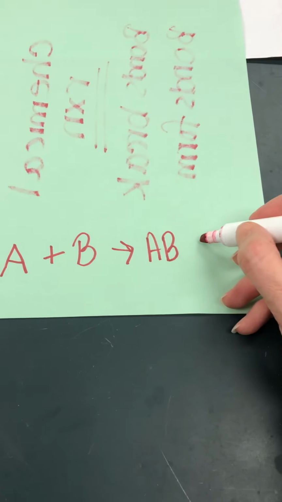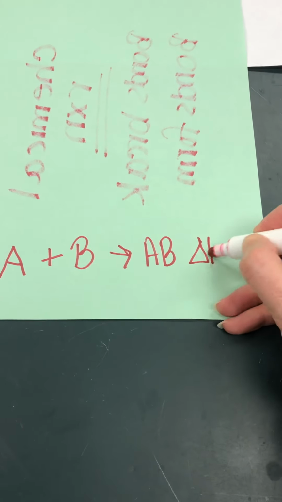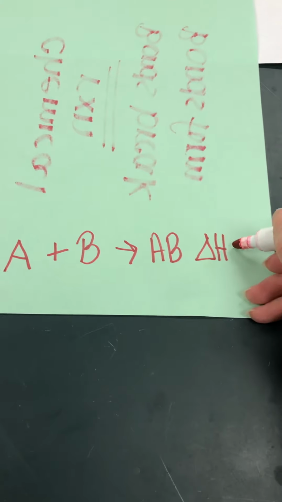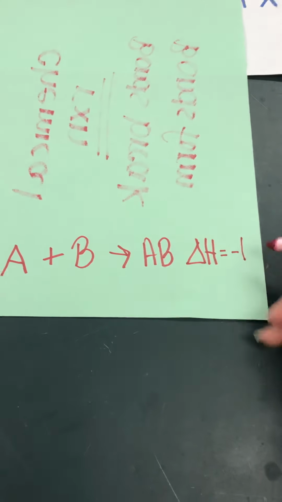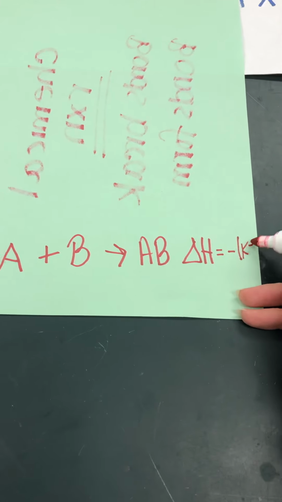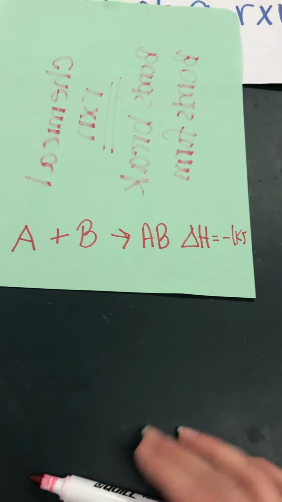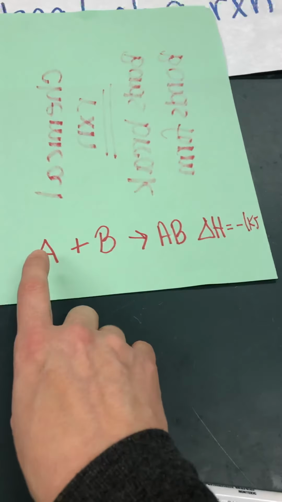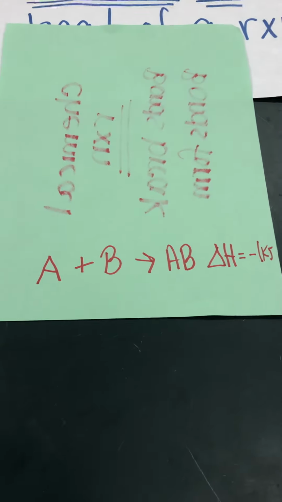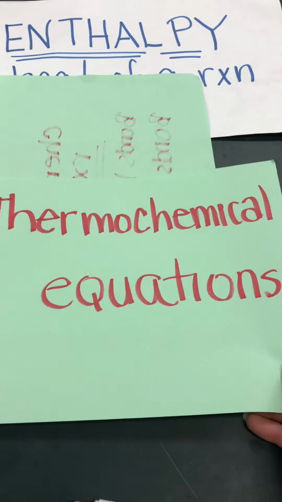And over here on the side, you'll see the change in H written on the same line. And it says change in H is equal to, and then maybe ours is -1, and our unit will be kilojoules, which is a unit of heat, or joules. So that's -1 kilojoules.